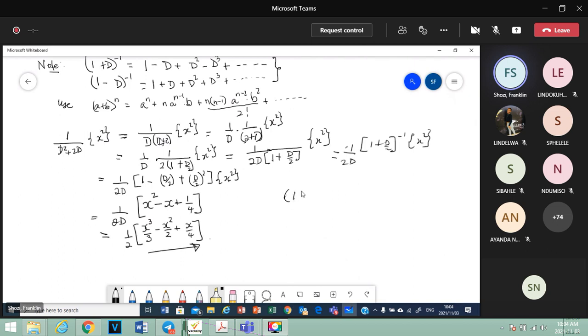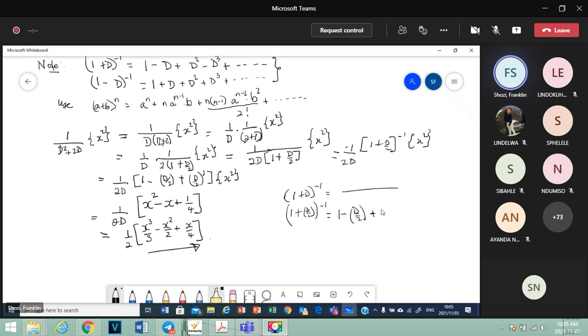The expansion is 1 plus d to the power minus 1. But now in my case I have 1 plus d over 2. It means this d is now d over 2. You need to replace d with d over 2: 1 minus d over 2, whereas normally this was going to be d.